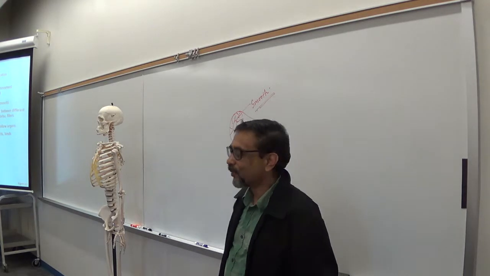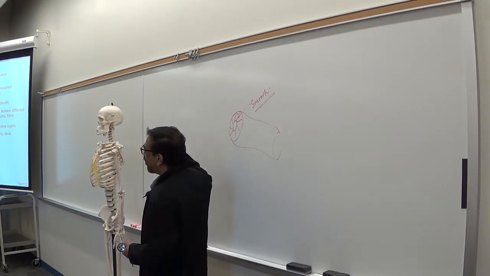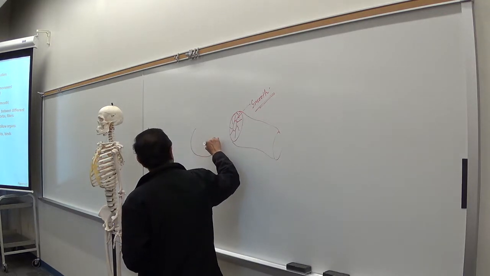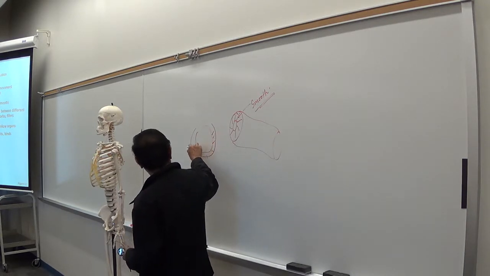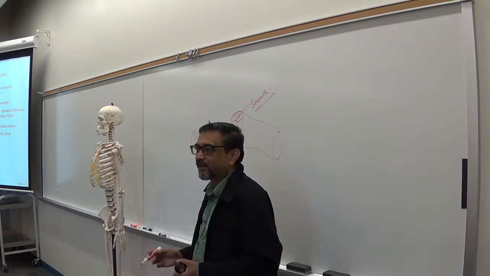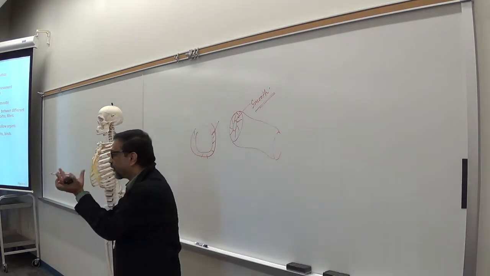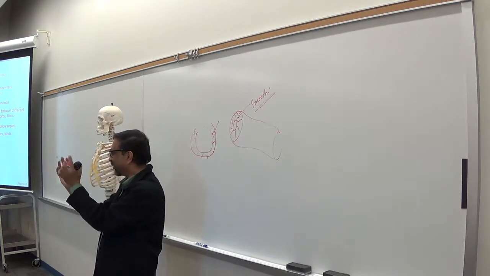Make sense? Number one. Number two, in the wall of hollow organs. Those organs have cavity inside. So, in the wall of hollow organs, you have smooth muscle. What are the hollow organs in your body? Except heart, that is different.